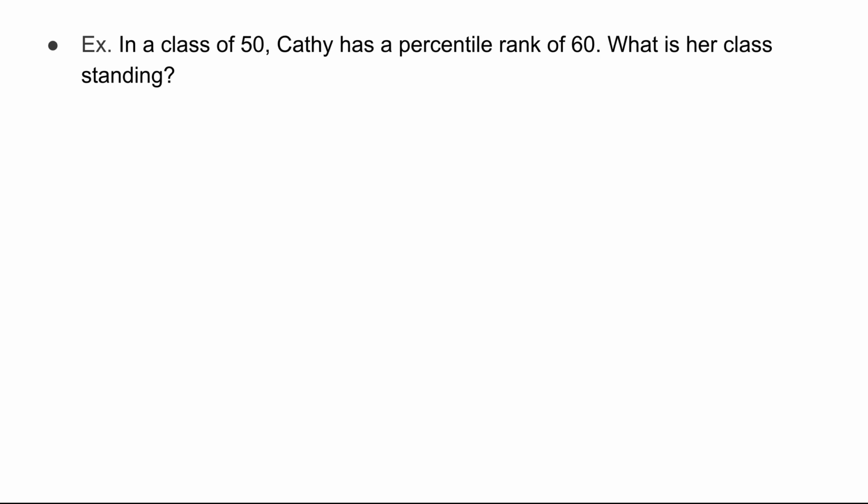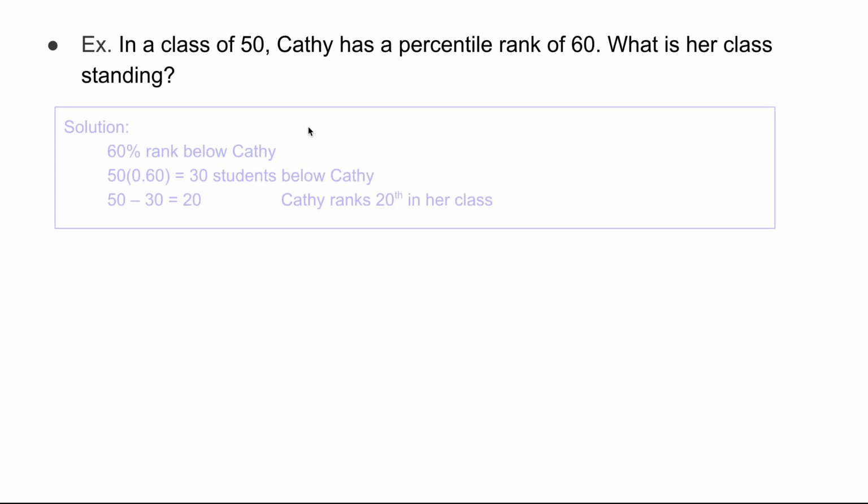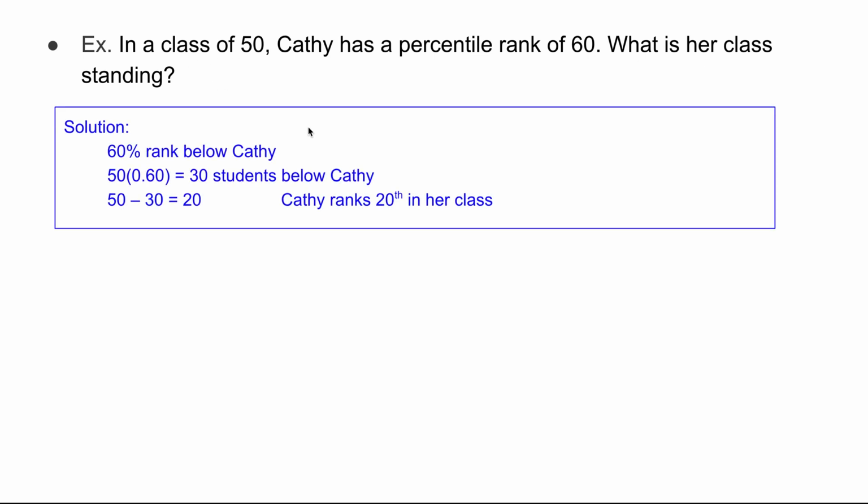That is the number of students below Kathy. So her standing, her rank, should be 20 because there are 30 people out of 50 below her. Her standing should be 20. So Kathy's ranking should be 20th in her class.